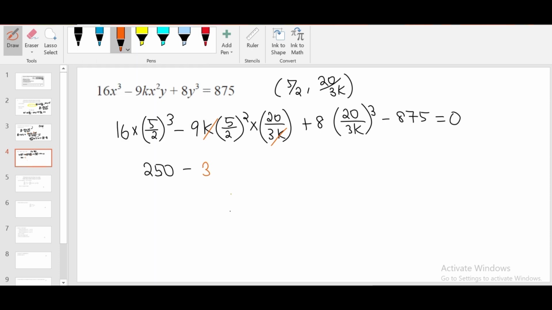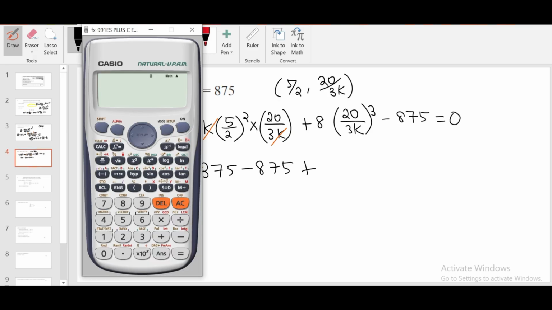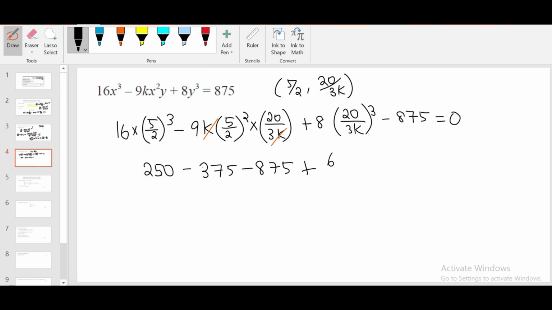So it's 375, and we have minus 875 plus this one, 8 times 20 over 3 whole cubed, which is 64000 divided by 27, and there is k also, is equal to 0.